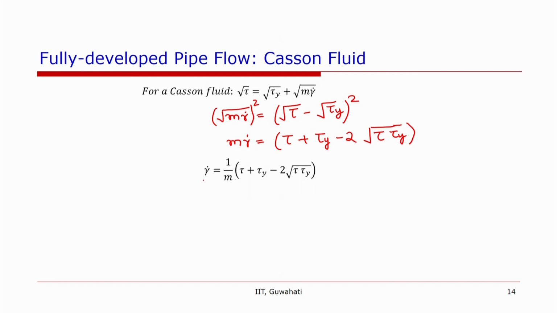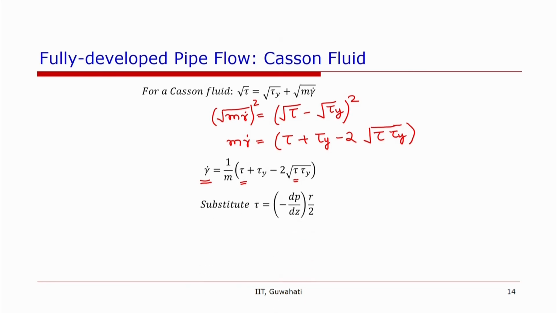Okay. So we have obtained a relationship between the shear rate and the shear stress. We have shear stress in two terms on the right hand side: one is the shear stress only, and the other term has root of tau there.